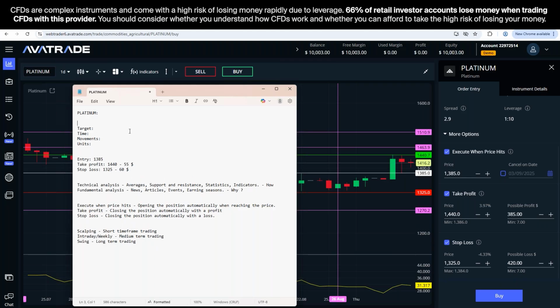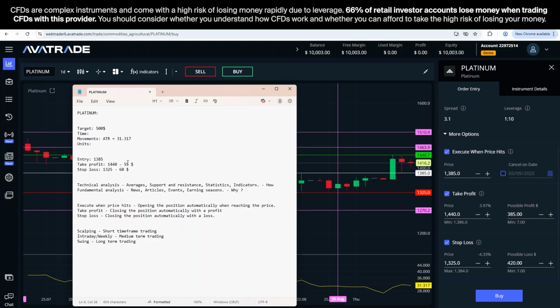My target in this case is going to be $500. The time, I think reasonable from what we saw on average, if the average ATR, okay, and the expected movement, as we said, is 55 to profits.